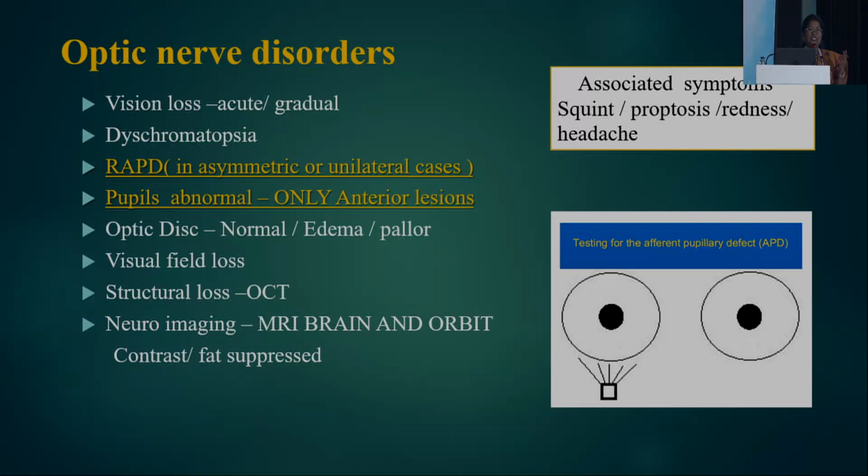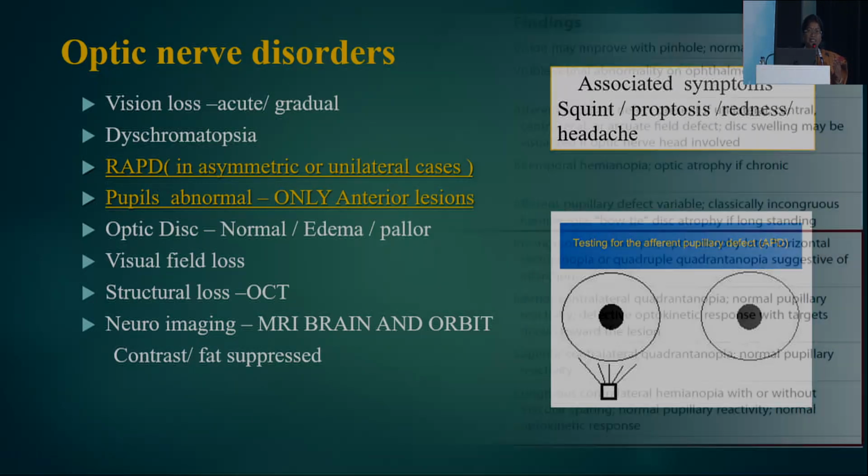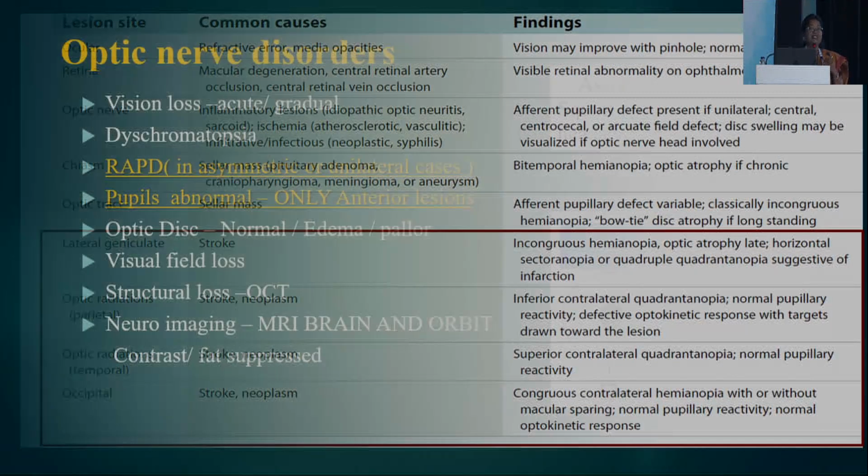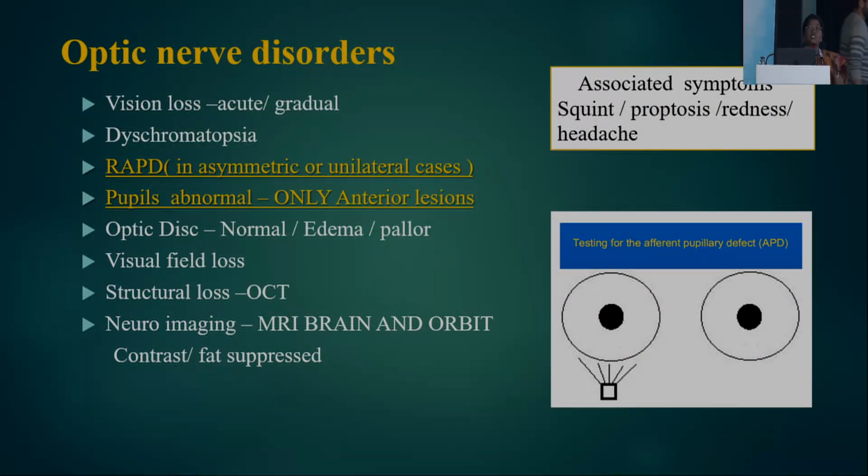Pupillary function, yes. How brisk a pupil is. If it is going to be a bilateral dysfunction, you will see a sluggishly reacting pupil. Don't expect a relative afferent defect in a bilateral optic pathway lesion. If it is asymmetric or a monocular optic pathway dysfunction, you can expect a relative afferent defect. And there's one more condition where you can't expect a relative afferent defect.